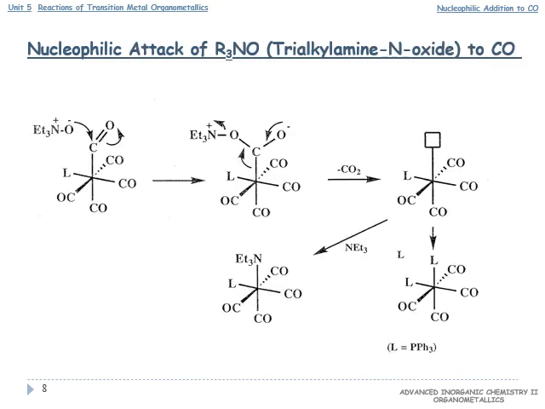Nucleophilic oxygen in trialkylamine N-oxide is capable of attacking the carbonyl carbon atom to give a species that can break down to CO2, trialkylamine, and the corresponding 16-electron metal fragment.